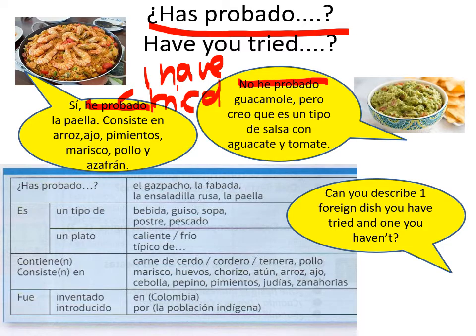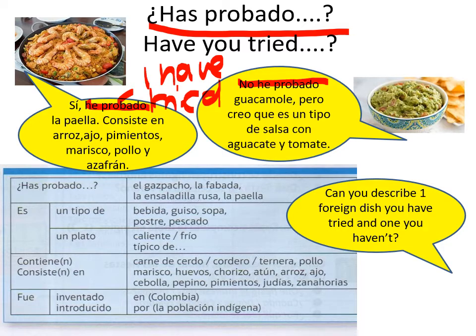So here at the bottom you've got a little sentence builder. You could ask a question saying, have you tried? Or you could say, I have tried gazpacho, la fabada, la ensaladilla rusa, la paella. It can be anything.